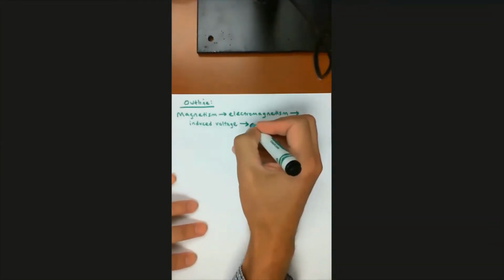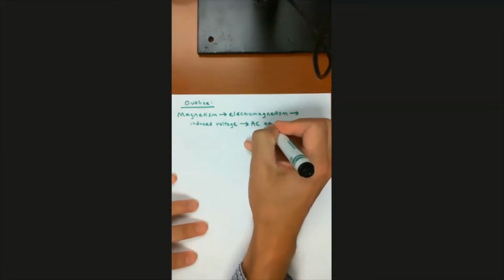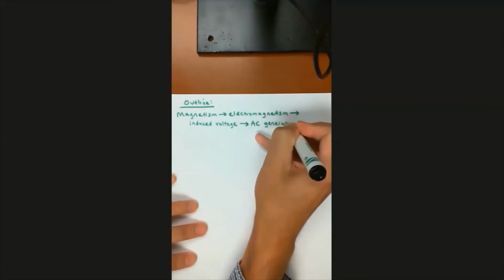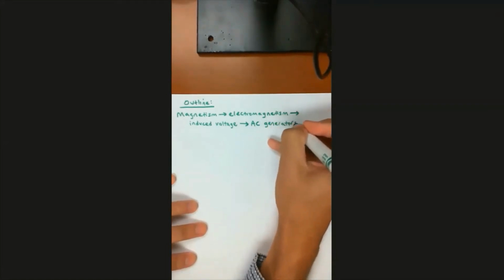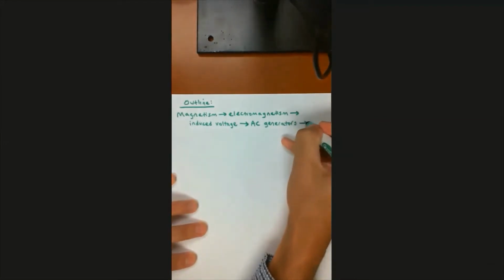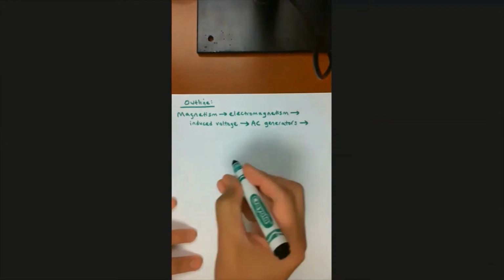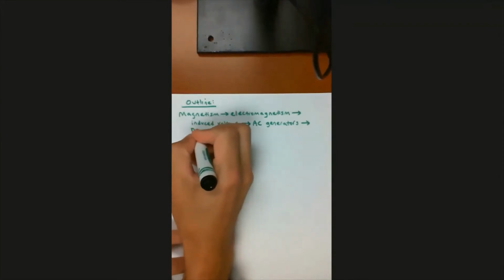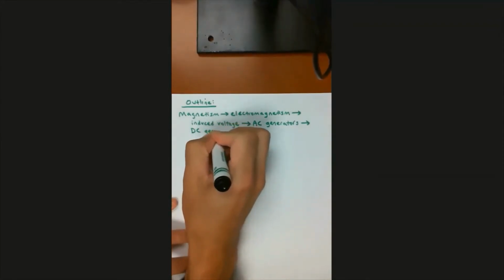So from there, we'll talk about AC generators, because they're actually a little bit simpler than DC generators. But from AC generators, we really only have to make a couple of slight modifications to talk about DC generators.